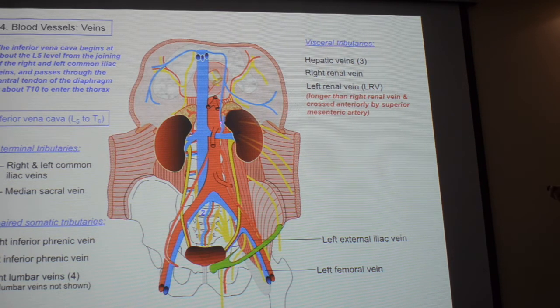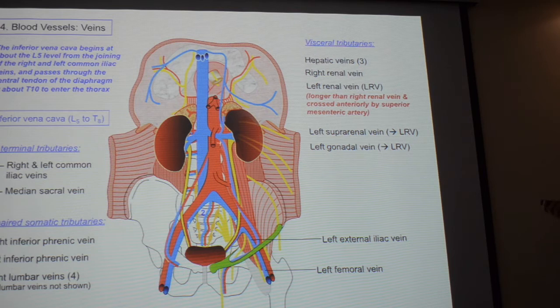You can see the communication. And then you can see here the left gonadal vein is also draining into the renal vein. Which renal vein? Left renal vein. And the right gonadal vein goes to the inferior vena cava. Is that clear? Yes.